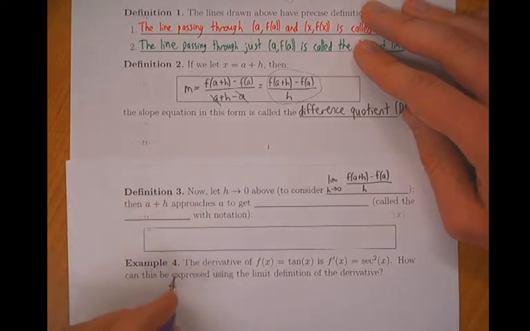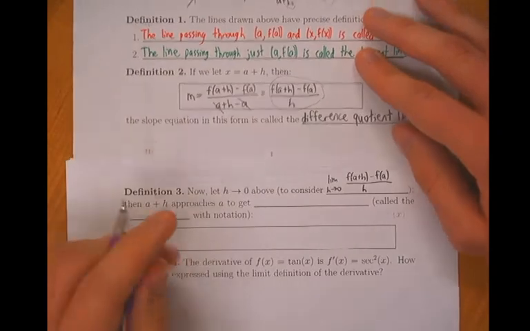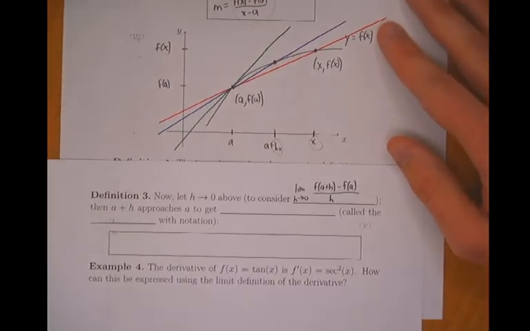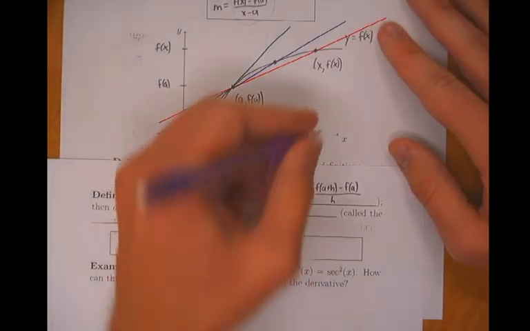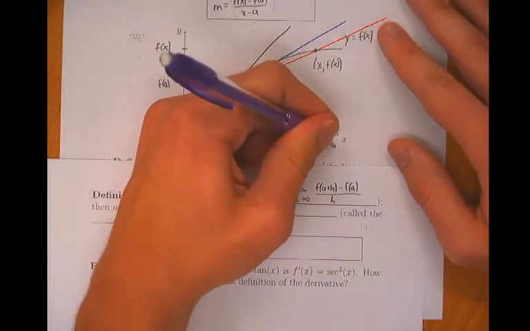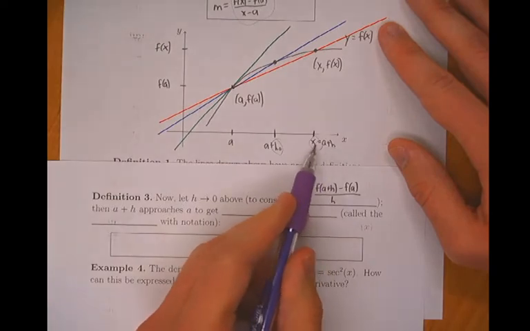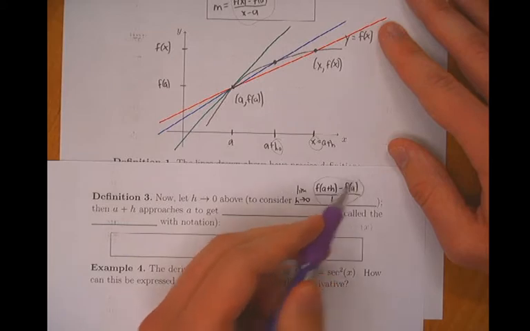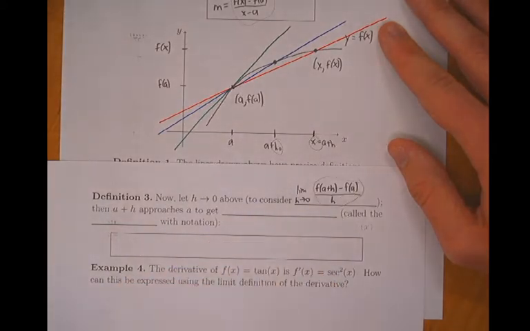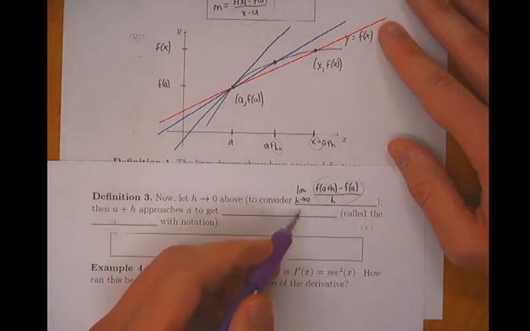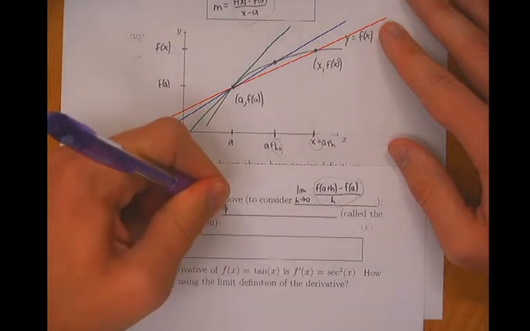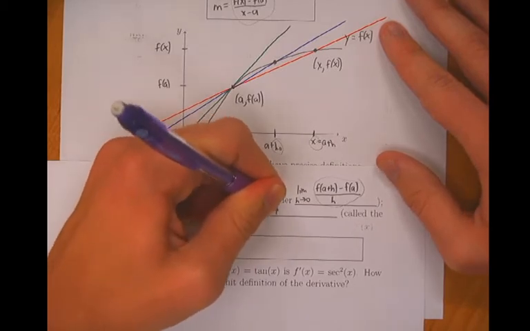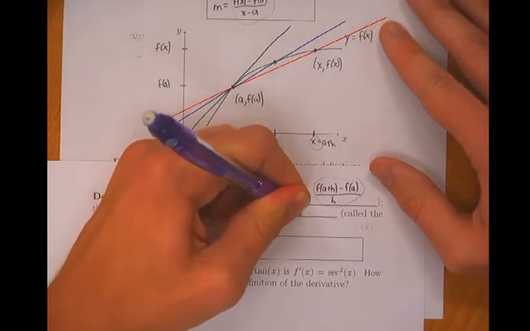So if we go back here, if x equals a plus h, and we let h get closer and closer to 0, since this corresponds to the slope of the secant line, then if we let h go to 0, that still gives us the slope of the tangent line.